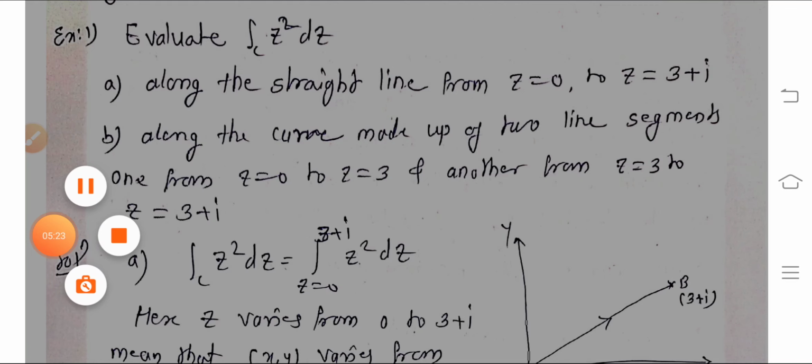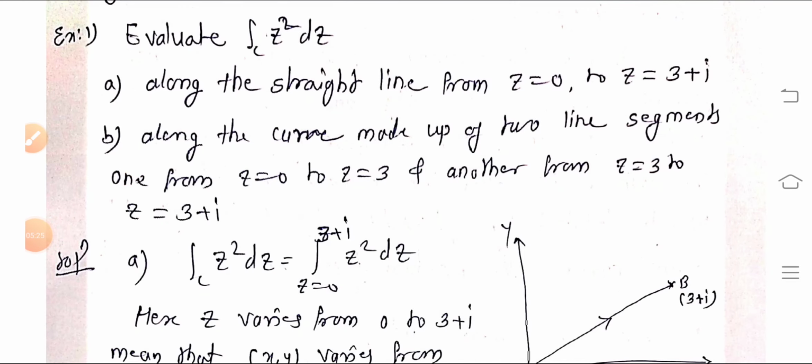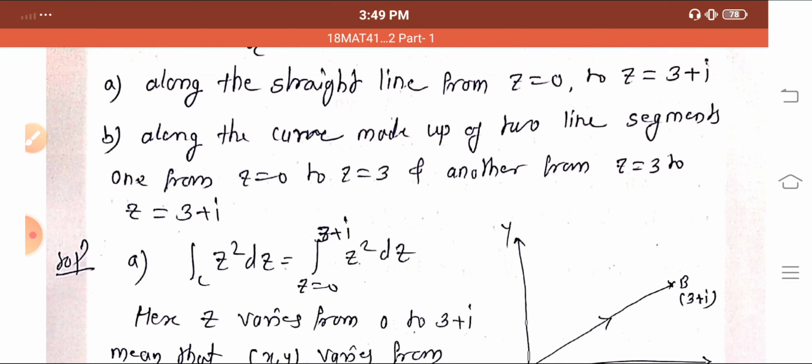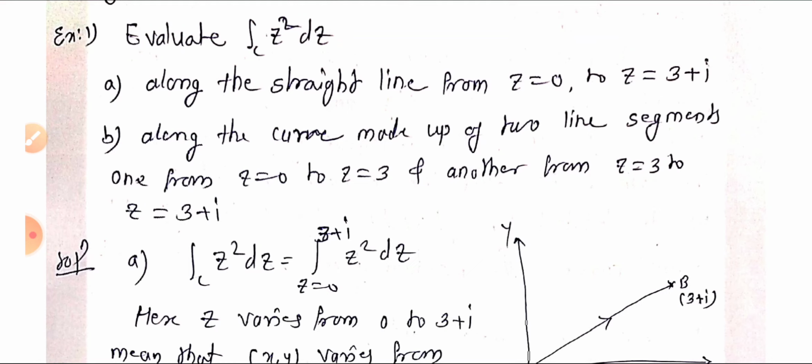So here the given curve: integral over C of z square dz, along the line where z lies between 0 and 3 plus i. Now we convert this z into x and y form, that is Cartesian form.